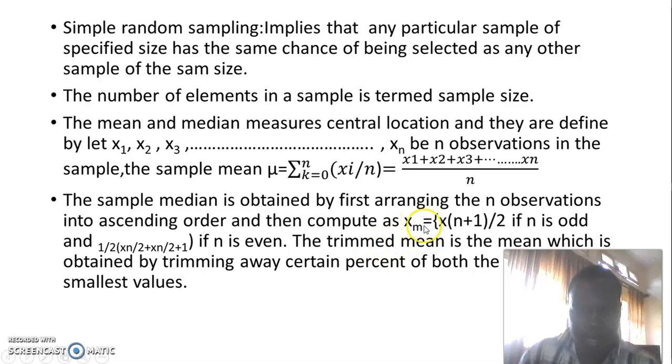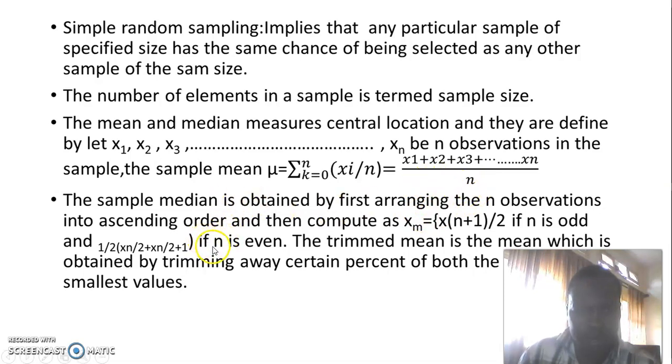If the number of observations is an odd number, then your median is the value at the position of the total number of observations plus 1, divided by 2. This will give you the value of the median in that position.